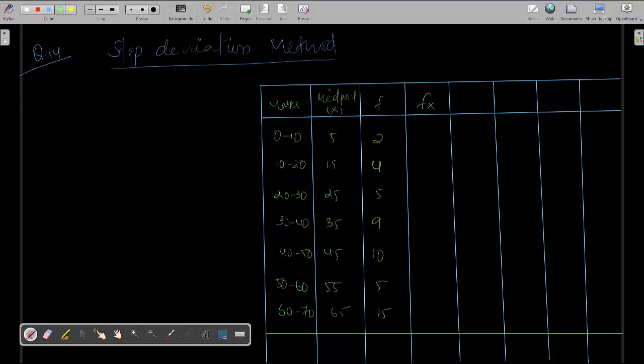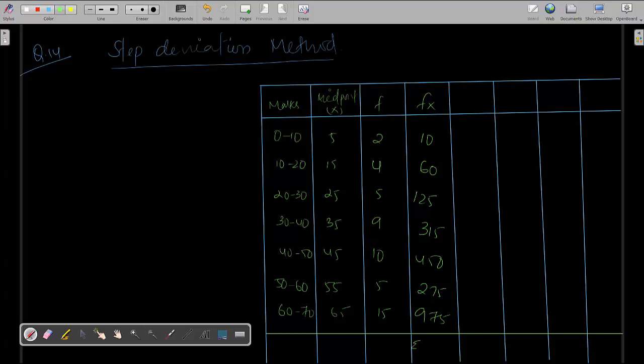If you multiply f into x: 5 into 2, 10; 15 into 4, 60; 25 into 5, 125; 35 into 9, 315; 450; 275; and 975. So now you also have to find the sum of all this to find the mean.